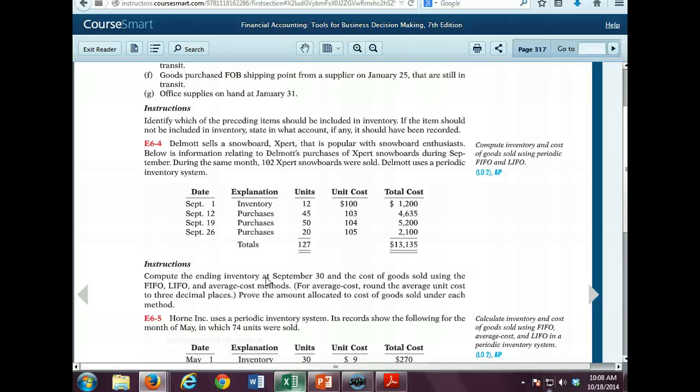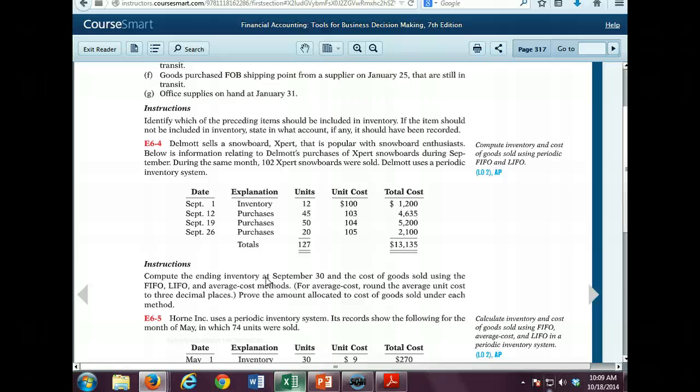We use all of the September 1st units, all of the September 12th units, and, I'm sorry, 45 of the September 19th units.